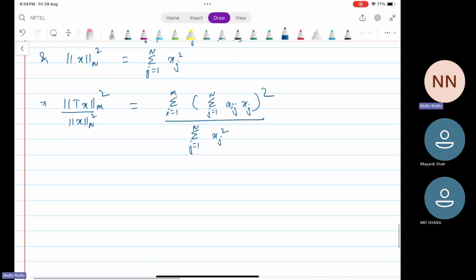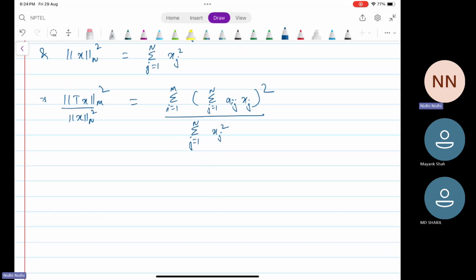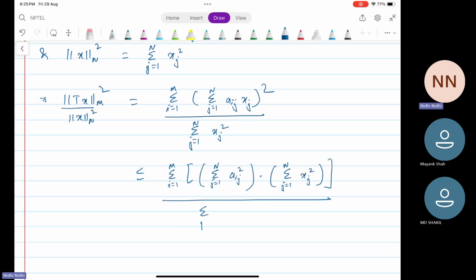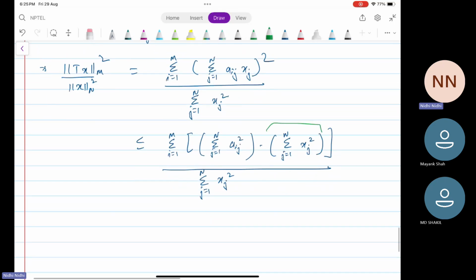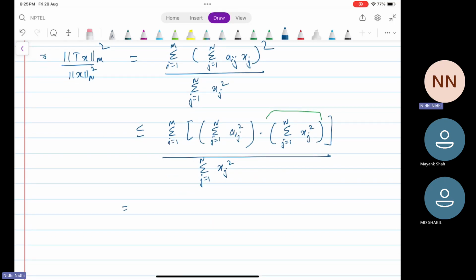Next, we'll use the Cauchy-Schwarz inequality on the numerator. So this will be less than or equal to summation i from 1 to m as it is. Inside, we'll use Cauchy-Schwarz. This will give us summation j from 1 to n aij squared times summation j from 1 to n xj squared, upon summation j from 1 to n xj squared. Now this term is independent of i, so I can take it outside the summation.